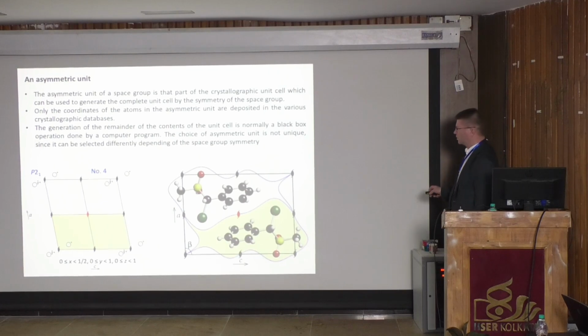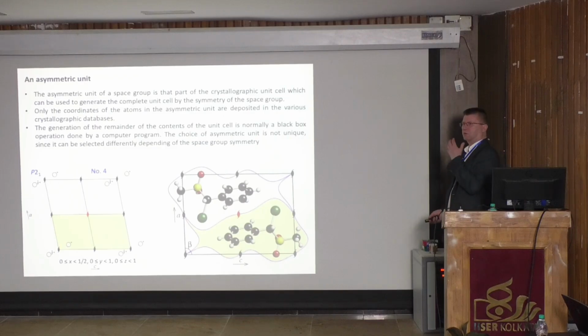And this part, which is the white area here, is called the asymmetric unit. The asymmetric unit is the unit which, by repeating it, you get the whole content. In this case, the asymmetric unit creates the other half, because there are only 2 molecules. But you could imagine that there would be 4 molecules in there.